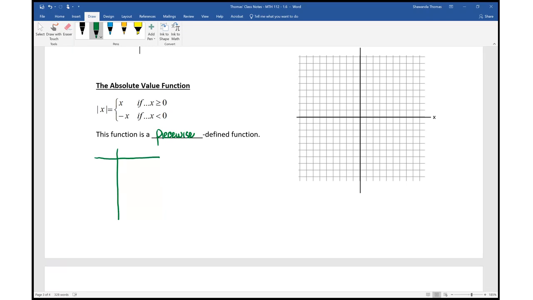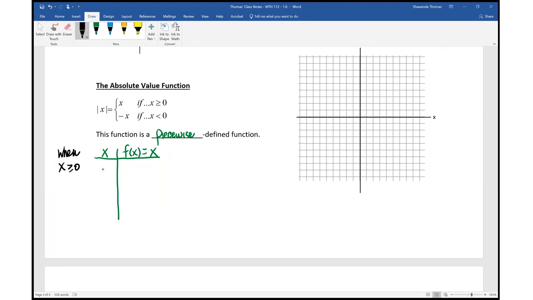So when the x's are greater than or equal to 0, we will have f of x equals x. This means that we're going to choose numbers that are greater than or equal to 0, like 0.